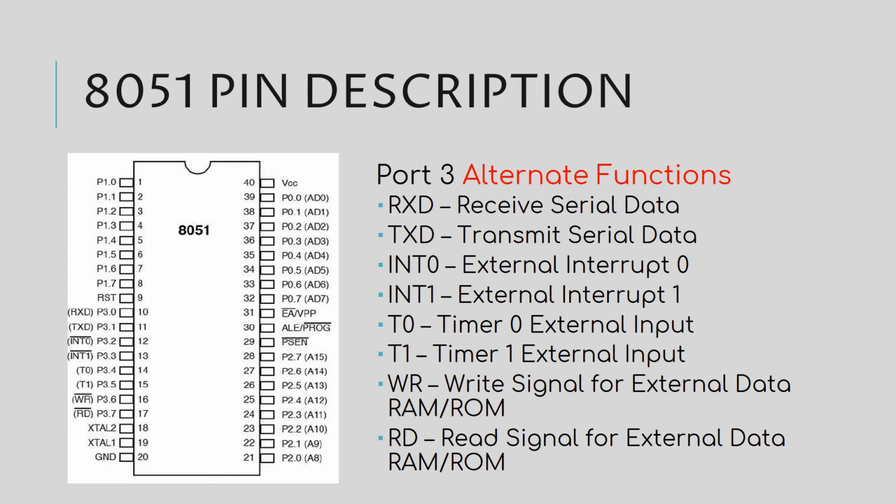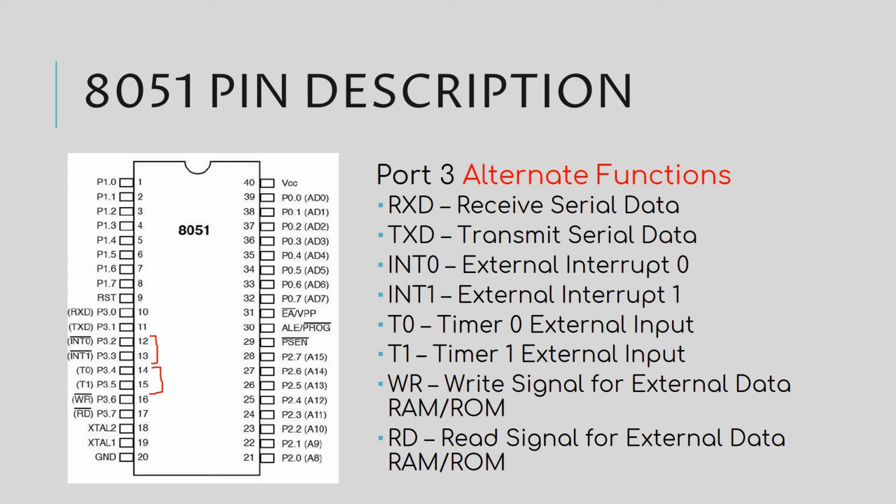And pin 12 and 13 are for external interrupt. We use these to provide an interrupt to the CPU that I will disclose in a later lesson. Pin 14 and pin 15 are for timer 0 and 1 respectively. By default, timer follows the crystal oscillator for its operation, time related operations.